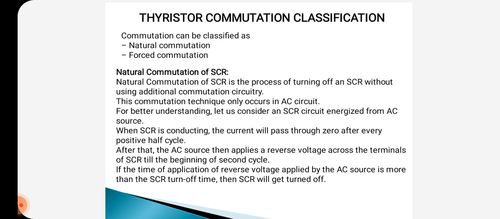After that, the AC source applies a reverse voltage across the terminals of the SCR till the beginning of the second cycle. If the time of application of reverse voltage by the AC source is more than the SCR turn off time, then the SCR will get turned off.